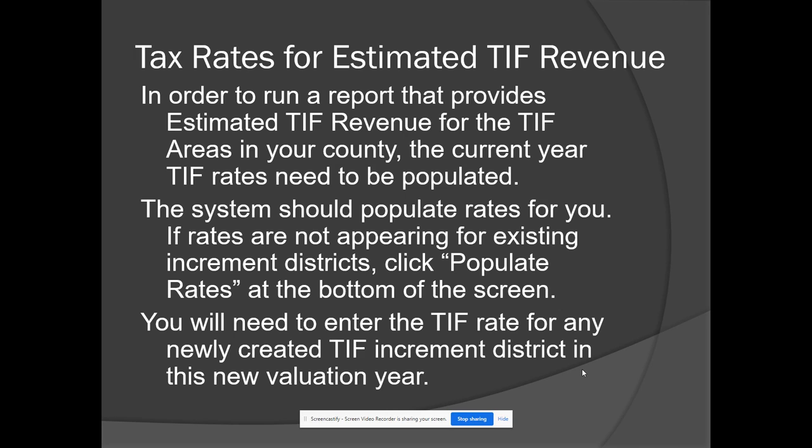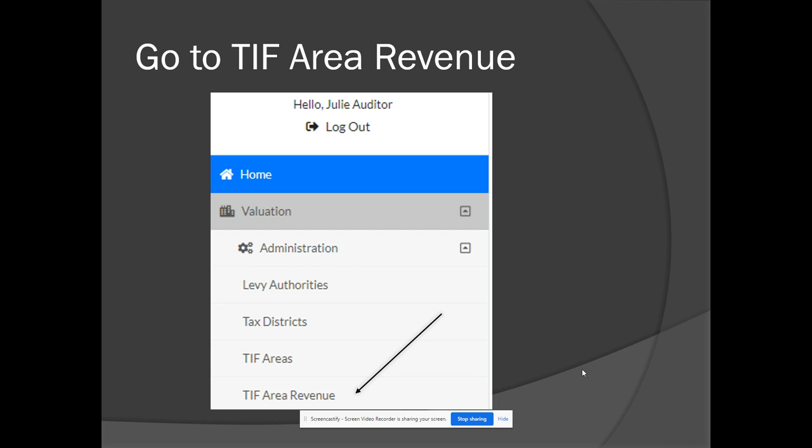And also, you need to enter the TIF rate for any newly created TIF increment districts in this valuation year. So obviously, if you went into the system and you created brand new TIF districts, the system is not going to have any current year rates for those, right? Because they didn't exist in the current year. So you're going to need to manually calculate and enter those rates in the system.